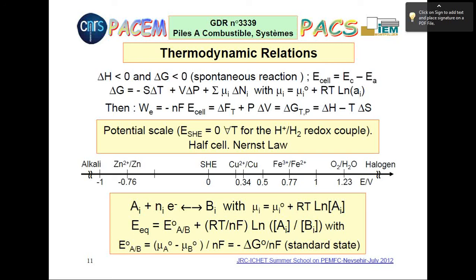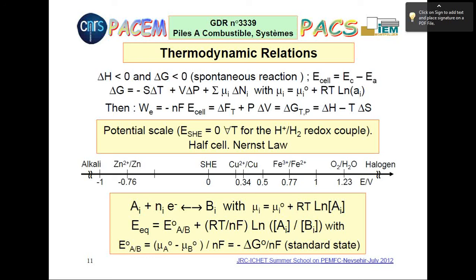For example, iron 2 can be oxidized to iron 3, or reduced to metallic iron. So I prefer a general expression, A, the species that reacts with the electron, meaning the oxidized state, and B as the reduced state. And using this relation of chemical potential, you can derive the Nernst law.